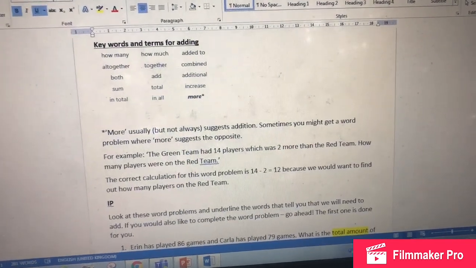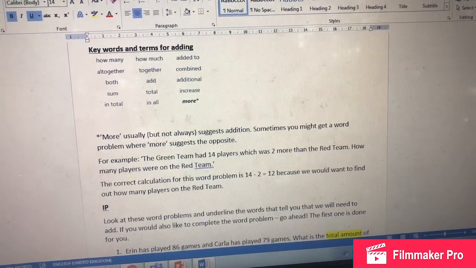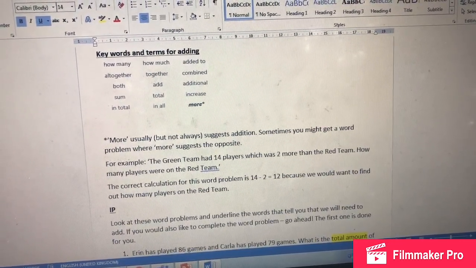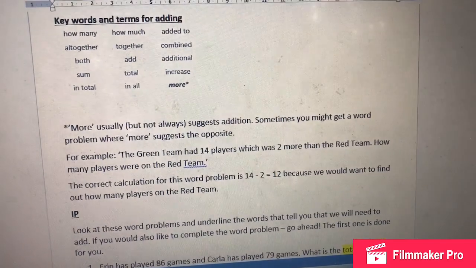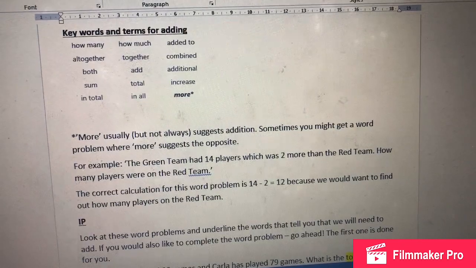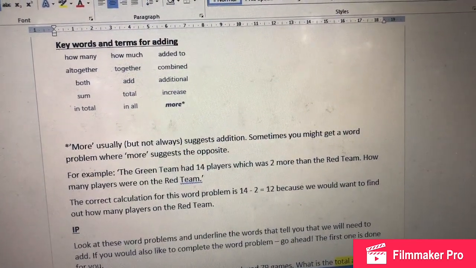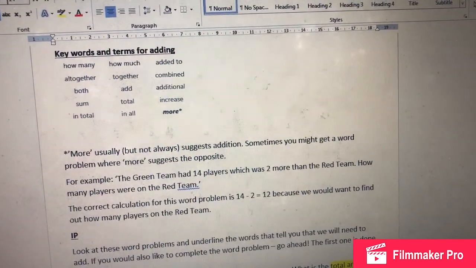So it says here, the green team had 14 players, which was 2 more than the red team. How many more players were on the red team? So some people might read this and go, okay, 14 players and 2 more players. So the answer has to be 16. But actually, they're saying that the green team had the most players.